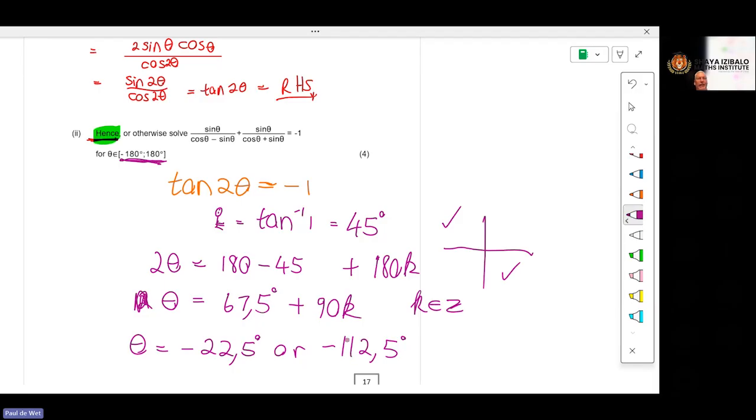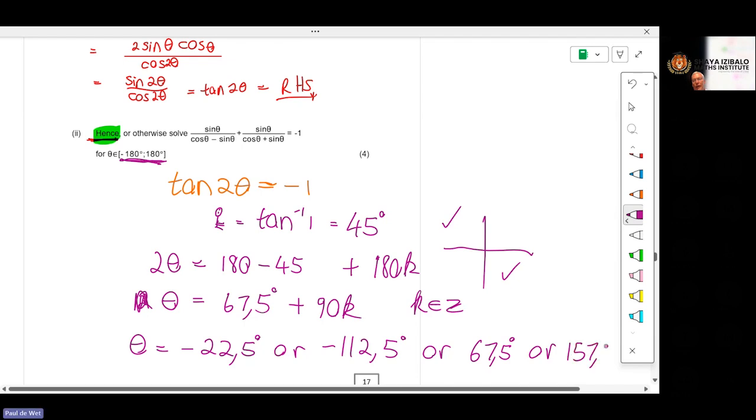Can we subtract 90 again and stay in this domain? No. If K is 0, we get 67,5. Very nicely answered.